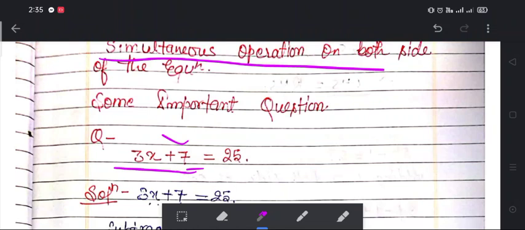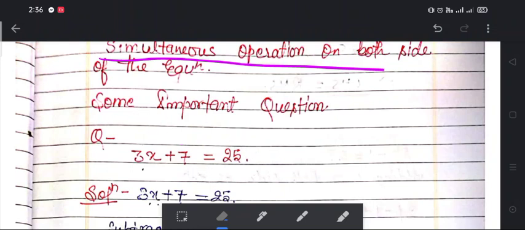As I told you, if any number is operated with the variable, then we have to carry out the reverse operation on both sides of the equation. So here 7 is added, so we have to subtract 7 from both sides.